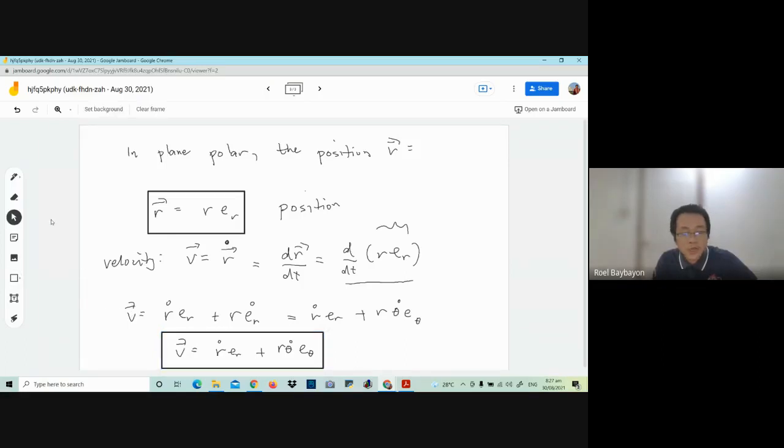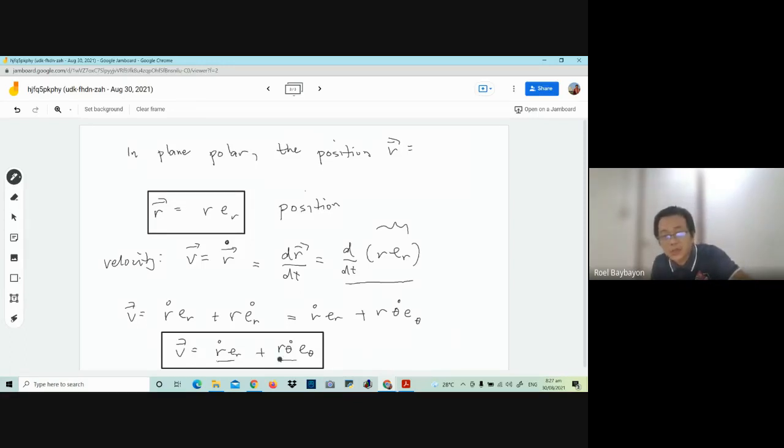And notice here, I think you have already encountered this expression in rotational motion. The first term is the radial component of the velocity, your linear velocity, and the second term is the angular velocity.